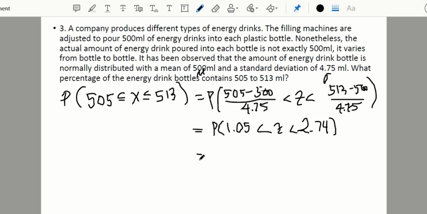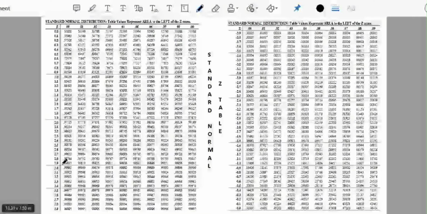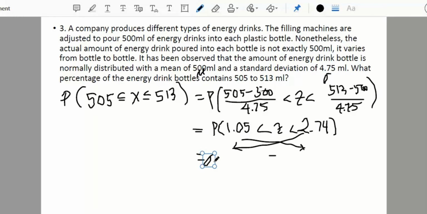Okay, so again, as a shortcut, we can cross the areas: the area of the larger one minus the area of the smaller one. So the area of 2.74, okay, this is 2.7, 4 is here, so 2.74 is here, 0.99693.